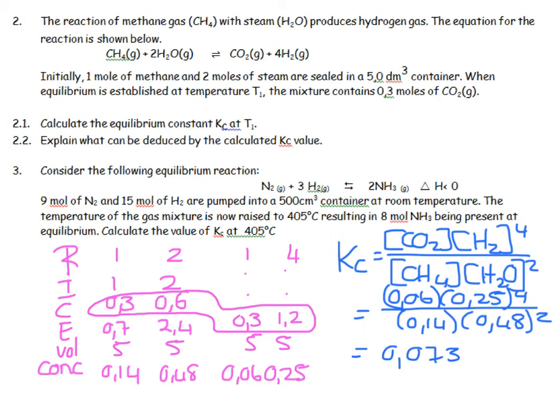So once I calculate that out, I get 0.073. Decide what can be deduced from this. The reverse reaction is favored because that's a small value. So reverse reaction is favored.